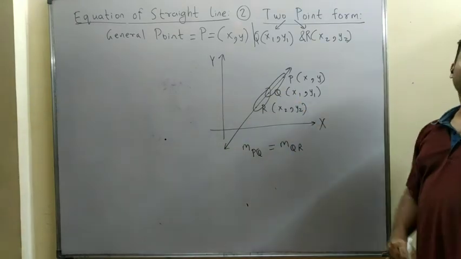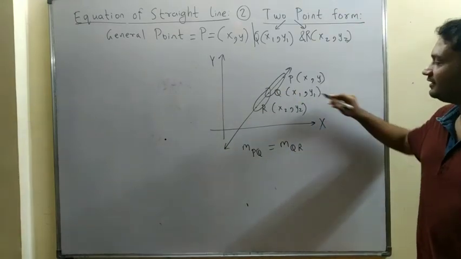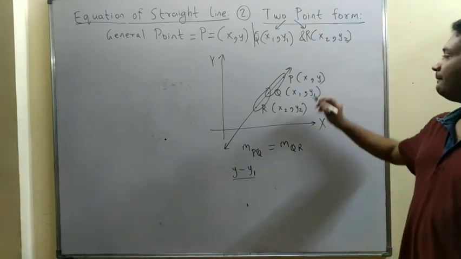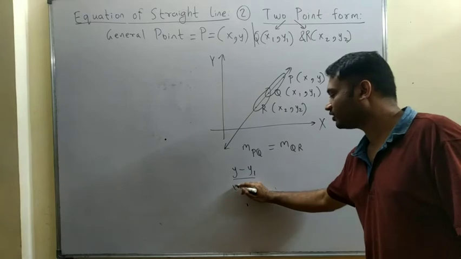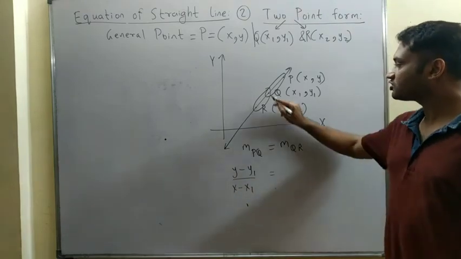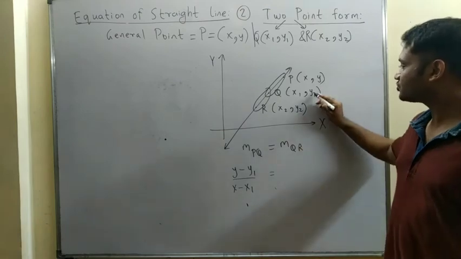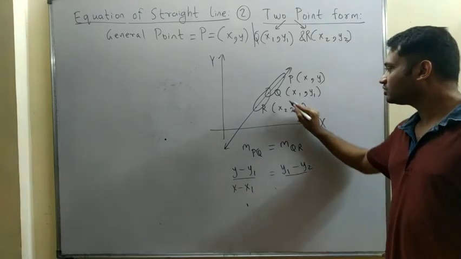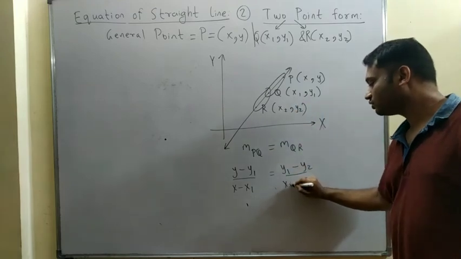Now what is the slope of PQ? It is y minus y1 upon x minus x1. This is the slope of PQ. That equals the slope of QR, which is y1 minus y2 upon x1 minus x2.